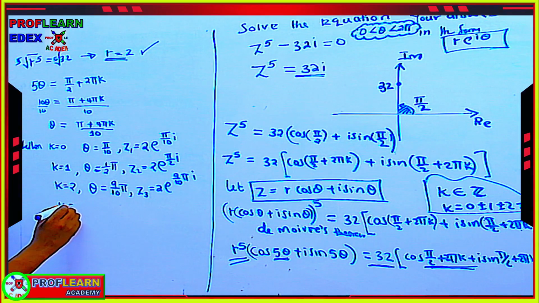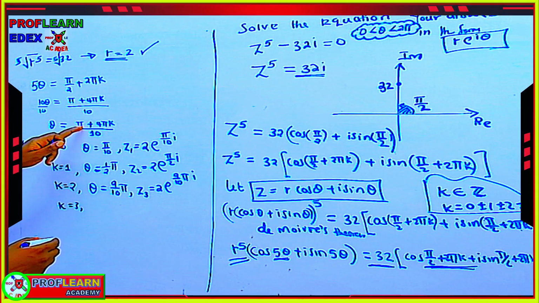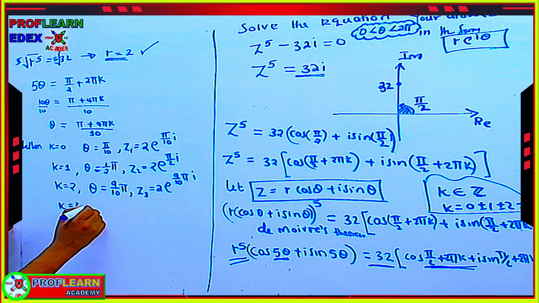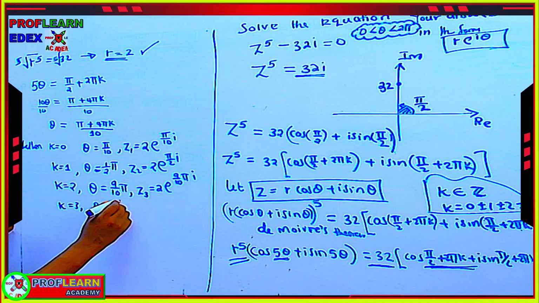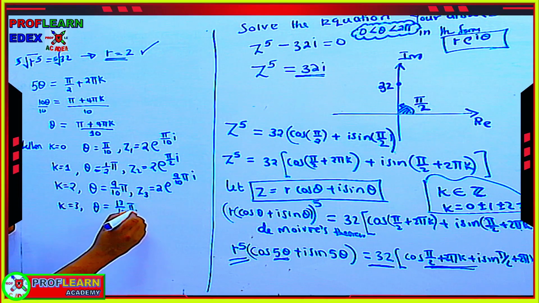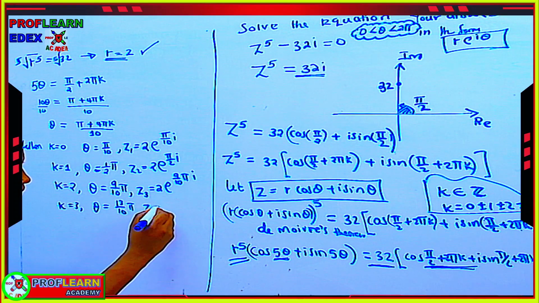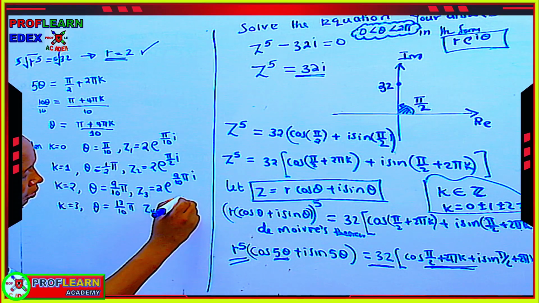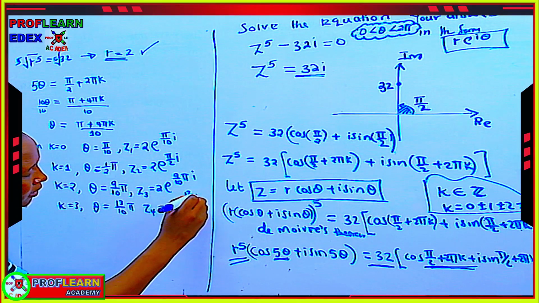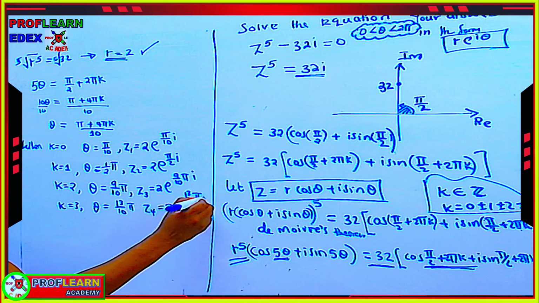Then k equals 3, so this is going to be 12 pi plus pi, that's going to be 13 pi. Theta is going to be 13 over 10 pi, and z4 in that case is going to be equal to 2e^(i 13 pi/10).